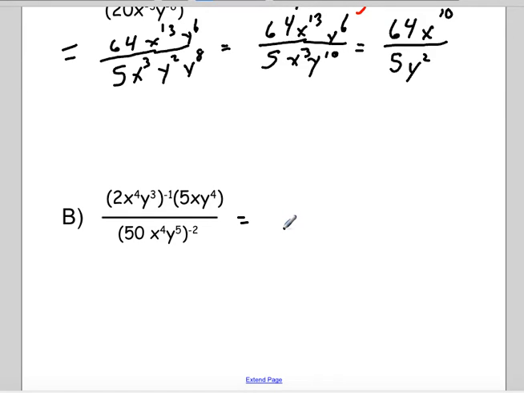So let's bring the whole thing down here, 2x to the 4th, y to the 3rd. Everything comes down here to the 1st power. That 5xy to the 4th is not to a power, so we're just going to leave that all up there. That 50x to the 4th, y to the 5th up there is to the -2 power, so we can move it to the inverse side and make the whole thing to the 2nd power.